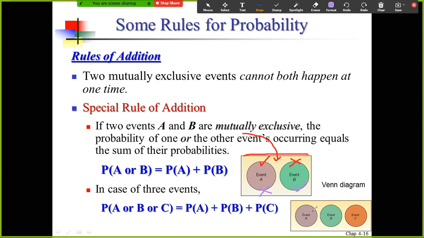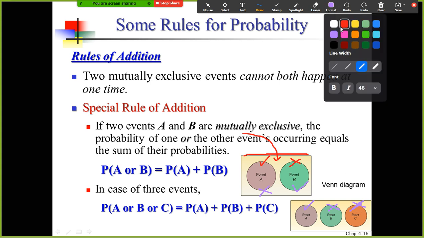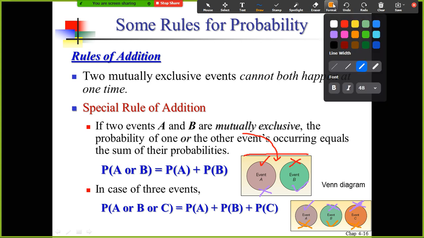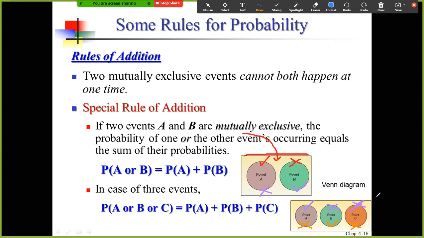If we have three cases, if A comes, B and C cannot come. If B comes, A and C cannot come. If C comes, B and A cannot come.